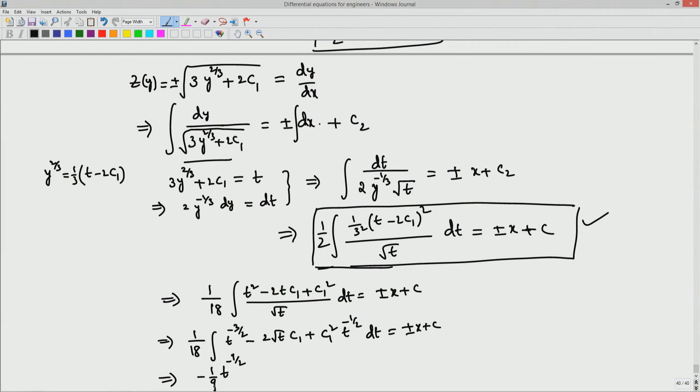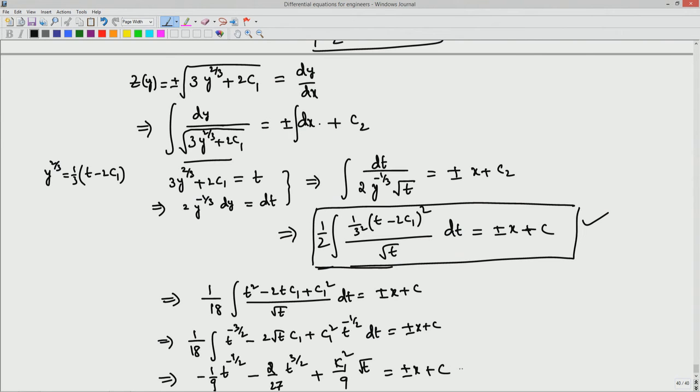So, 1 by 9 into t power 5 by 2 into 2 by 5 minus 1 by 9 C1 t power 3 by 2 into 2 by 3, which is 27, plus 1 by 18 C1 square t power half into 2, so 9. Okay, equal to plus or minus x plus c.